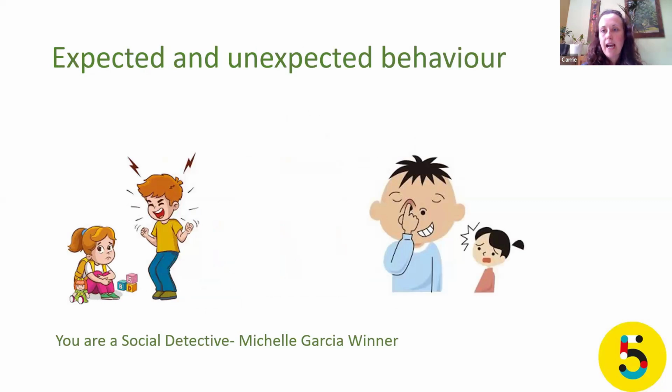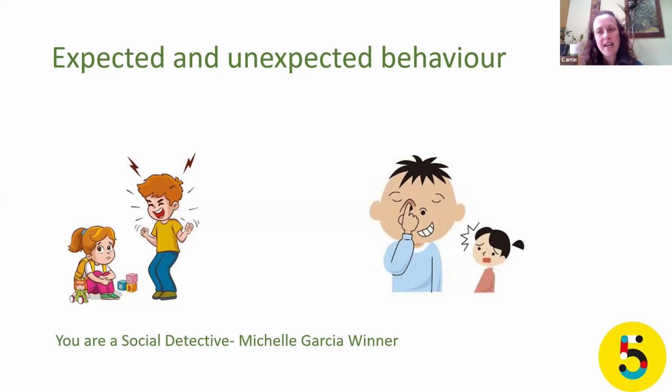When we're talking to our children about behaviours, we don't talk to them about good or bad behaviours. We talk to them about expected and unexpected behaviours, because some of the things they may be doing may feel right and may feel good to them, and there may be times that those behaviours are appropriate for them as well.